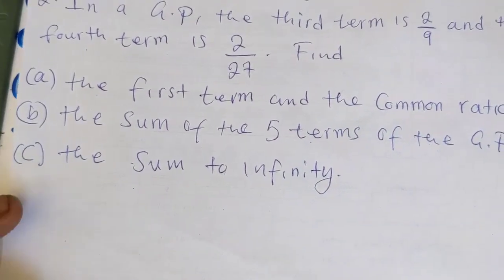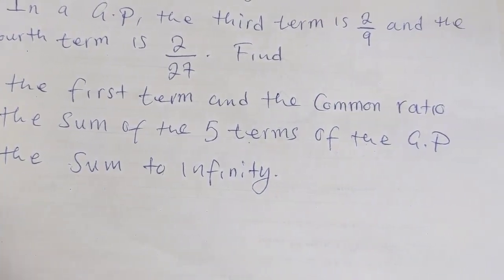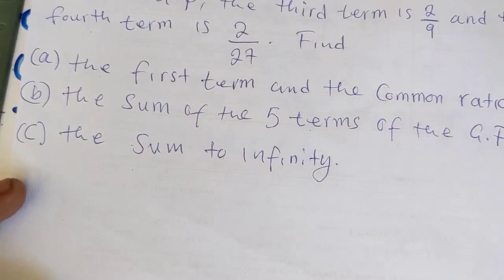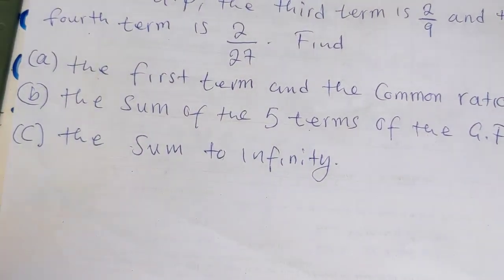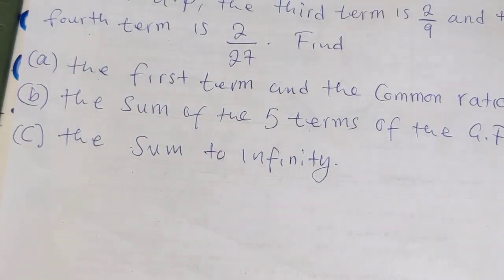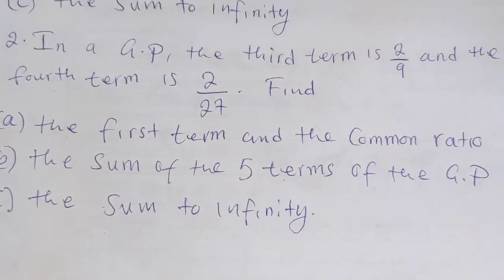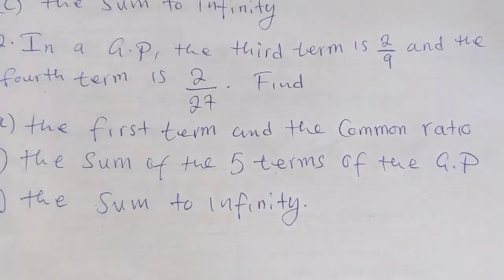B, find the sum of the first 5 terms of the GP. Then C, find the sum to infinity. These are the questions that you're going to solve now that you know how to solve questions under geometric progression. So we are done with this topic. We are just going to do some other topics.